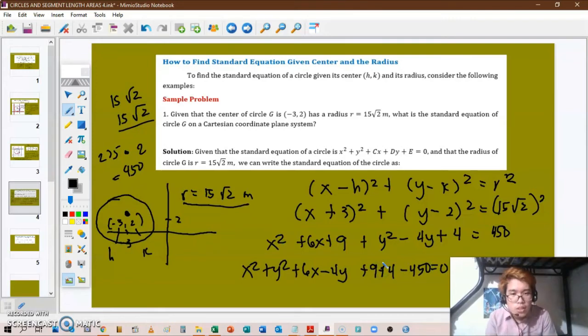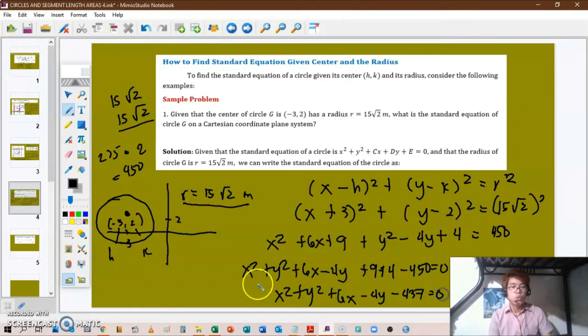So that's going to give us negative 437. So the standard equation of this circle right here is going to be x² + y² + 6x − 4y − 437 = 0. Okay, so that's our standard equation.